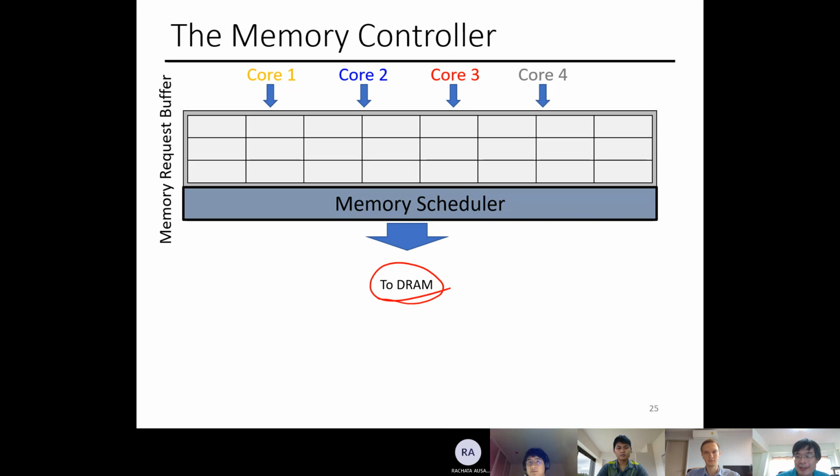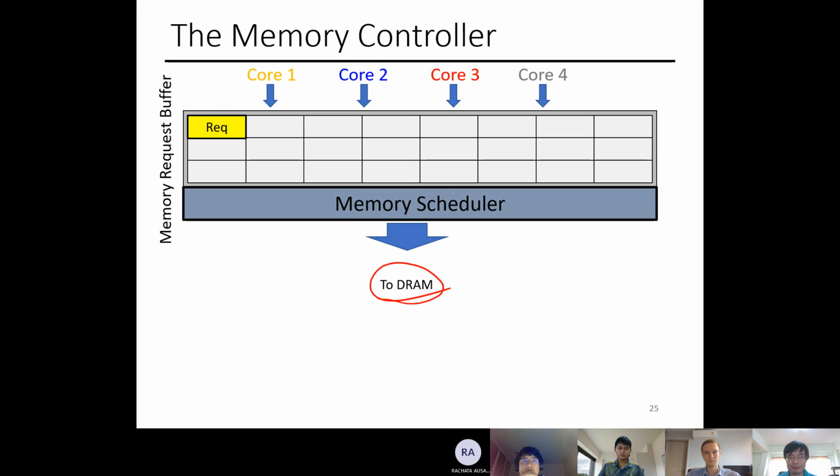Your DRAM is right here. The cache miss from the MSHR will appear as a request saying, hey, I need that address. That request will go into this staging area, basically called the memory request buffer.